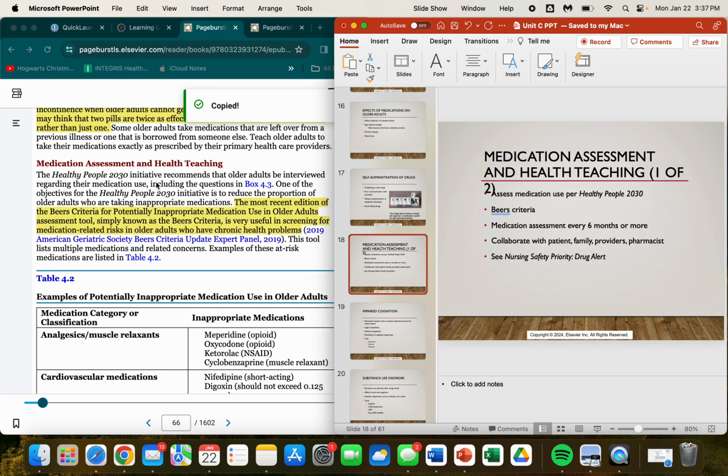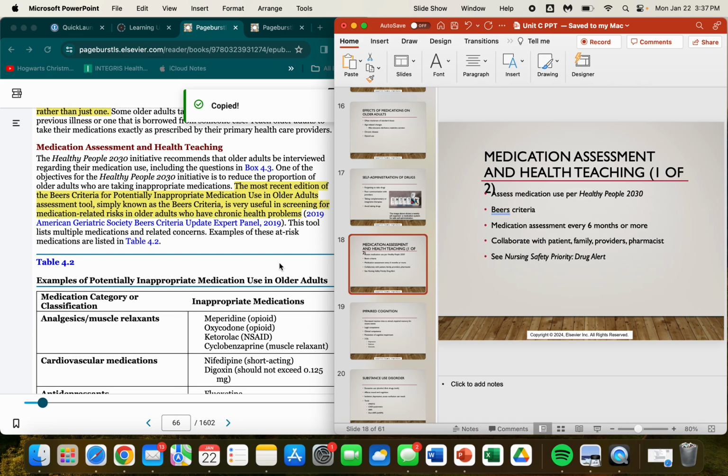Then our book talks about medication assessment and health teaching, which is how we as nurses should approach that. Often we want to use what we call the Beers criteria. We talked a little bit about that last semester. You don't actually have to know what's on the Beers scale, but just know that that's how we assess for medication interaction and medication use in the older adult.